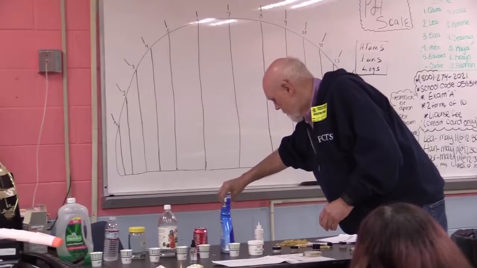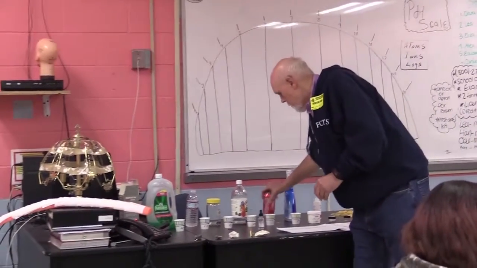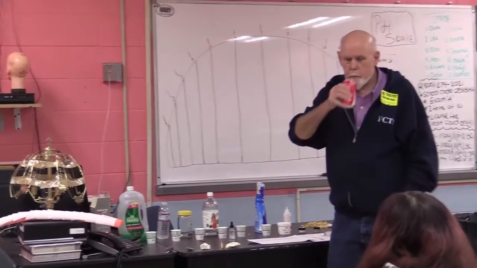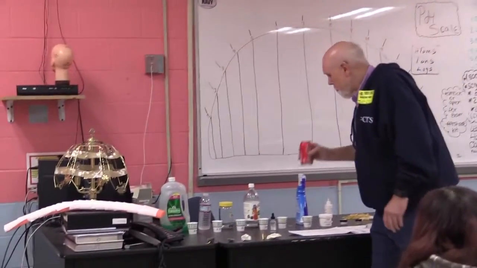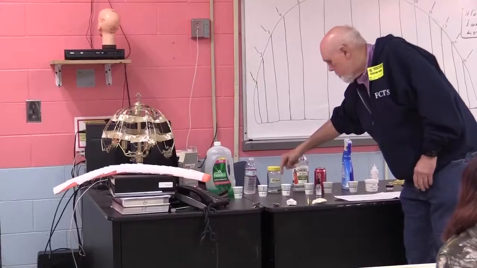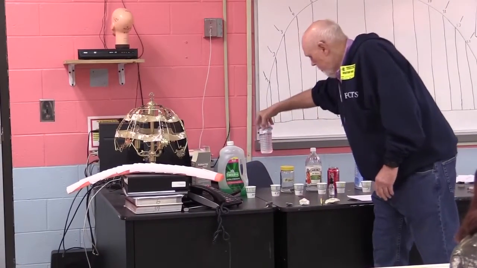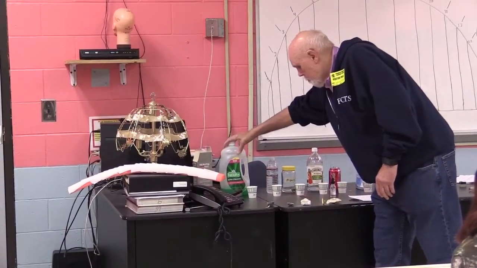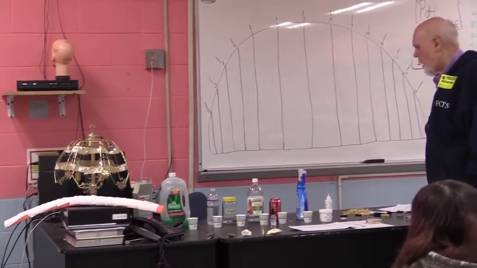This is a little soft scrub with bleach. This over here is some Coca-Cola. Very good. This is some white vinegar, some bleach that's been diluted in water, some bottled water, and some Palmolive that has been dissolved in water.